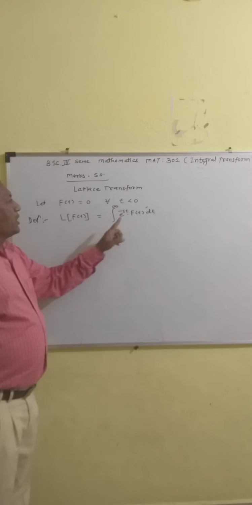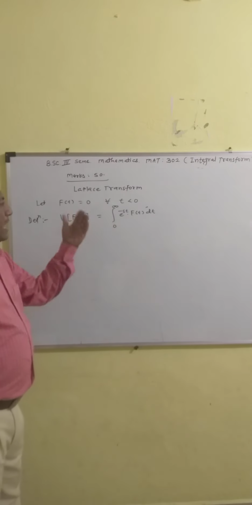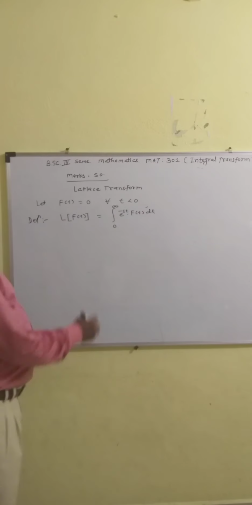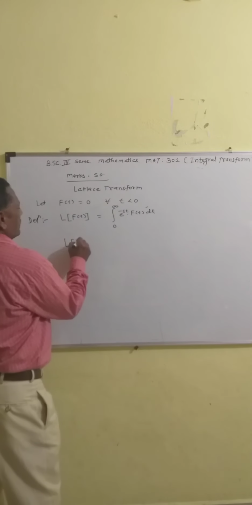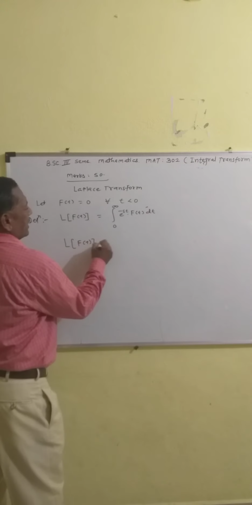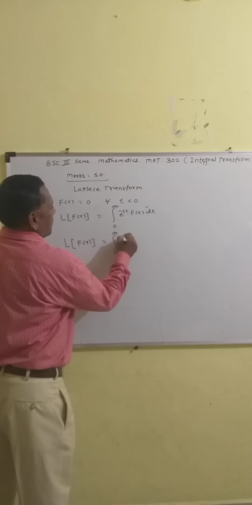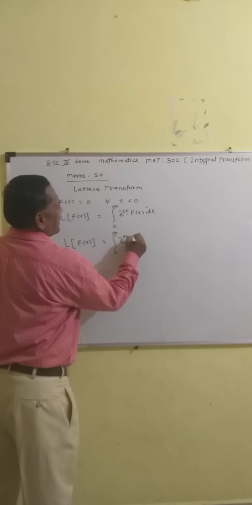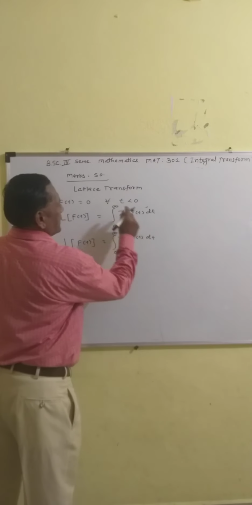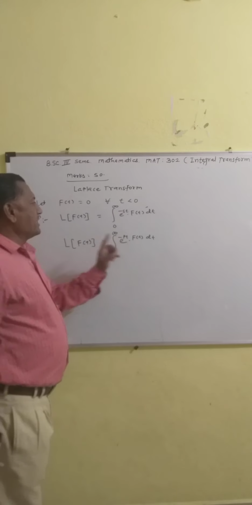Instead of s, if you take another parameter p, then you have the Laplace transform of f of t is equal to the integration going from 0 to infinity e raised to minus pt into f of t dt. Here s is the parameter and here p is the parameter.